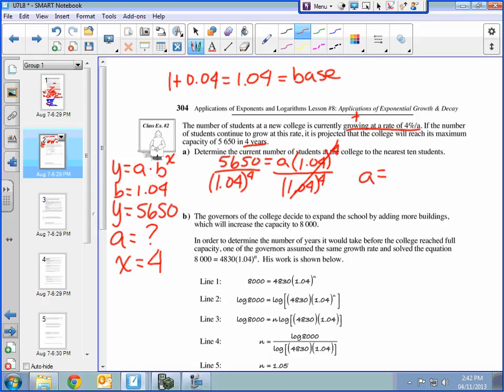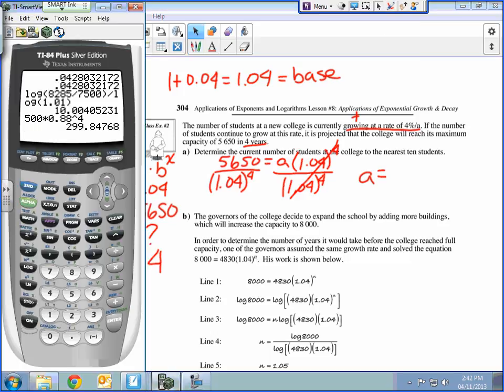To the nearest 10 students. So go 5650 divided by 1.04 to the exponent 4. Yeah, so if I have 4829.6, if I'm rounding to the nearest 10 students, it'll be 4830.